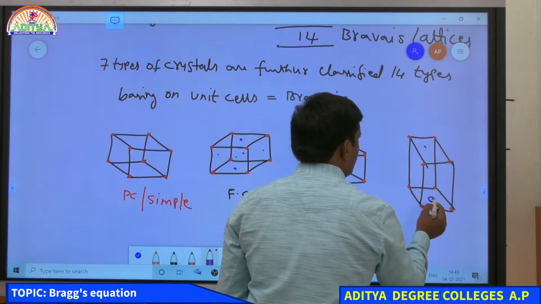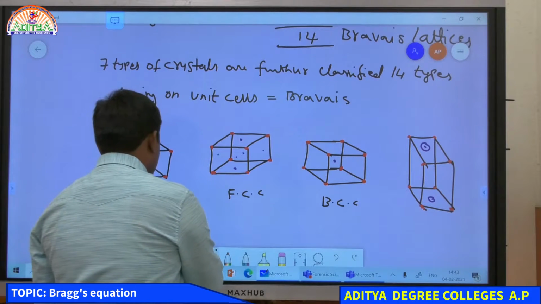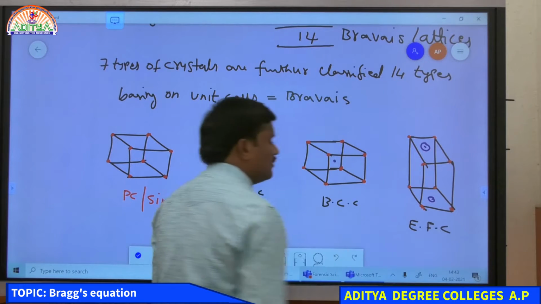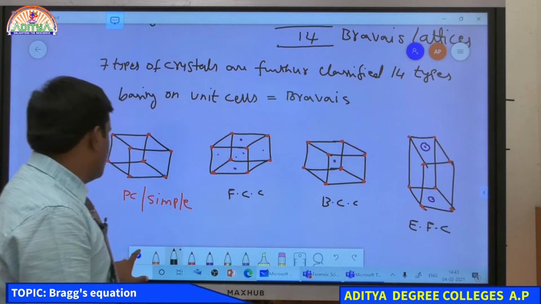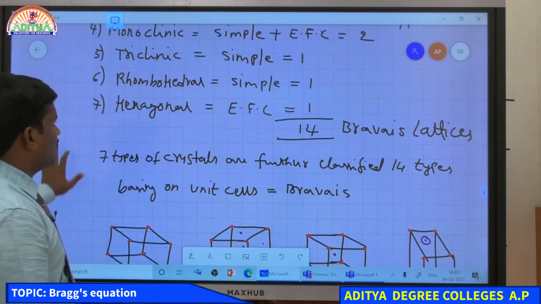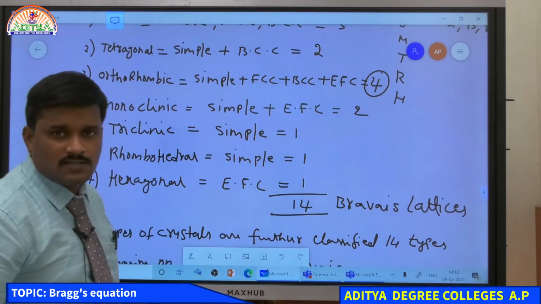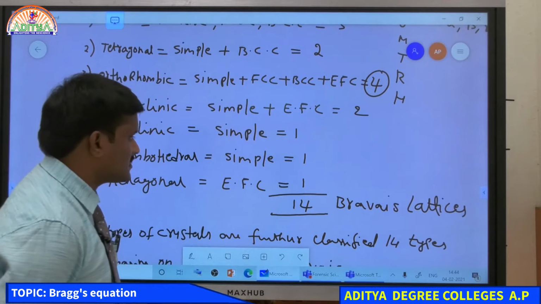So these are the 2 points at the end of the crystal. So this type of unit cell is nothing but end face centered unit cell. So basing on the type of unit cell, these 7 types of crystals are further classified into 14 types. So these 14 crystals are known as Bravais lattices. So this is all about Bravais lattices.